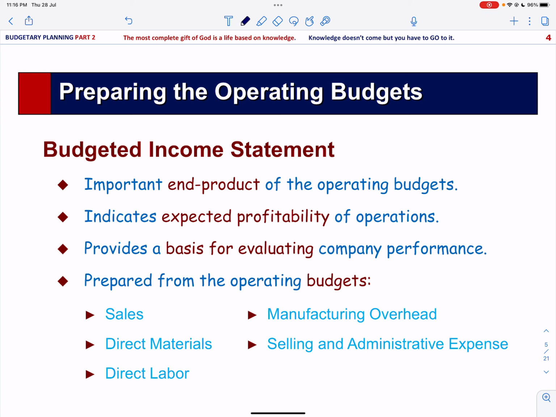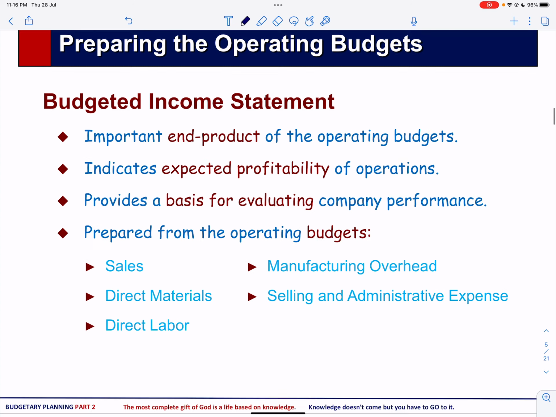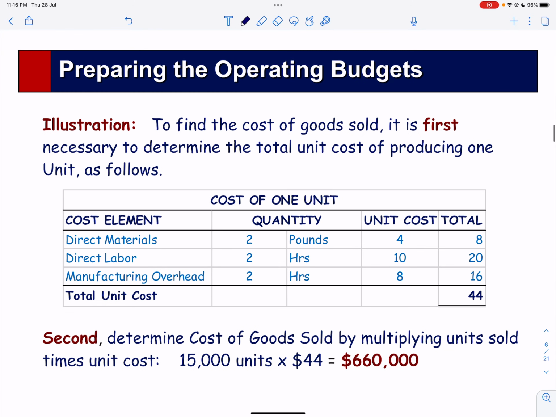The budgeted income statement is prepared from various operating budgets, and let us look into an illustration. To find the cost of goods sold, it is first necessary to determine the total unit cost of producing one unit as follows. We have the cost of one unit over here. We have direct material. Quantity consumed for one unit is 2 pounds and unit cost is 4.